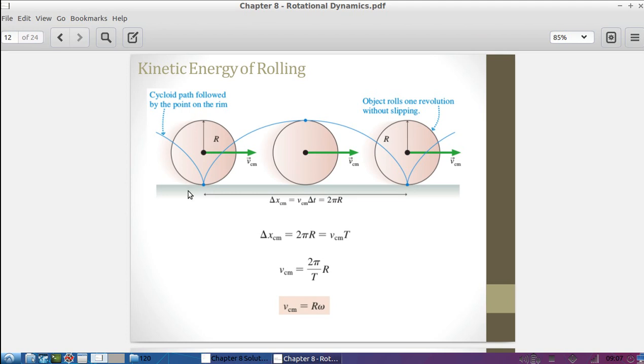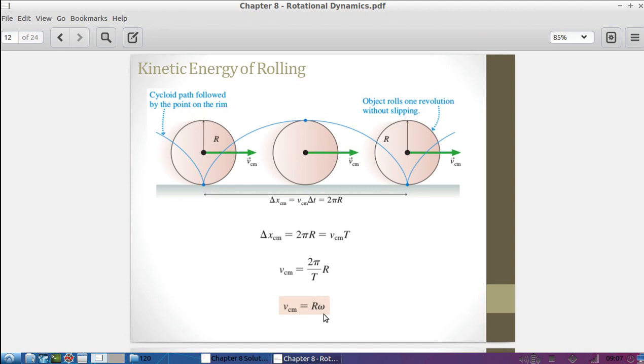Okay. But this velocity, this whole thing has a linear velocity, and that's the velocity of the center of mass of the object. Again, in this course, all the objects will have a uniform mass distribution. So every point on this object has the same velocity, right? So this is the tangential or linear velocity from last time, from kinematics. So this object is doing two things: it's rolling, so it's rotating, and it's also traveling linearly.